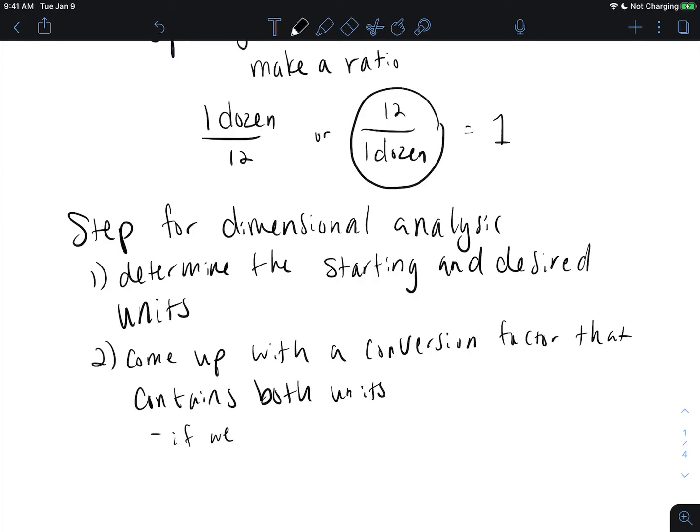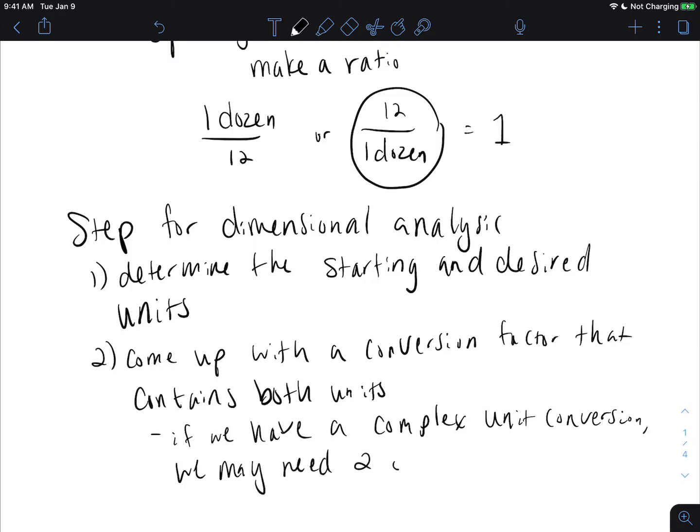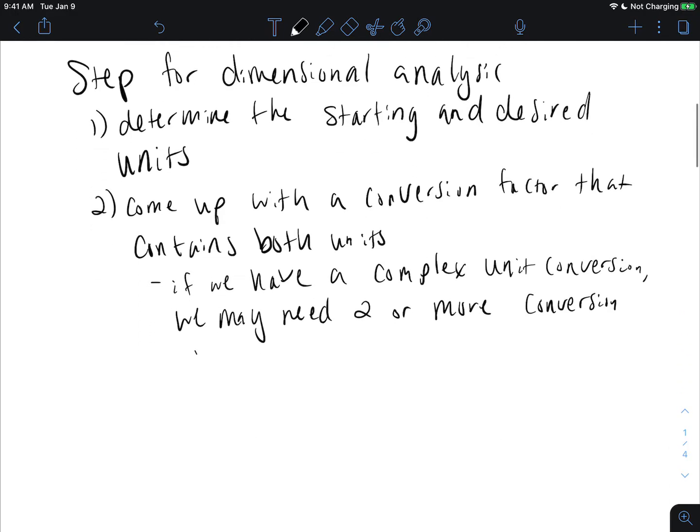So if we have a complex unit conversion, we may need 2 or more conversion factors. And at that point, it becomes more like a puzzle trying to figure out how you can go from one unit to the other.